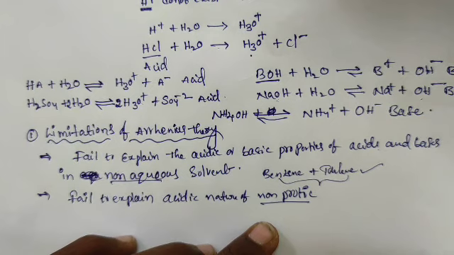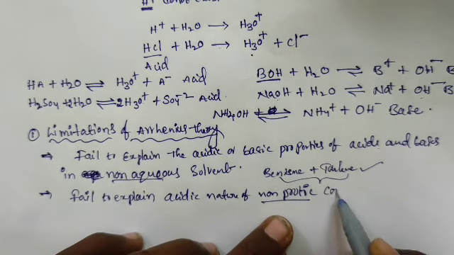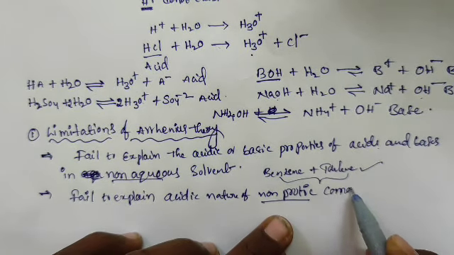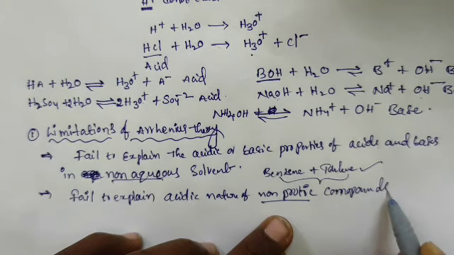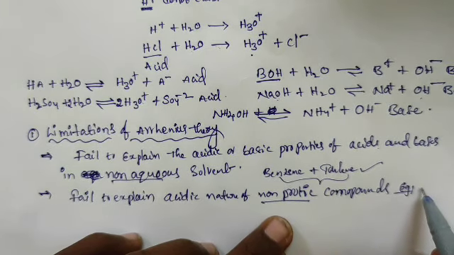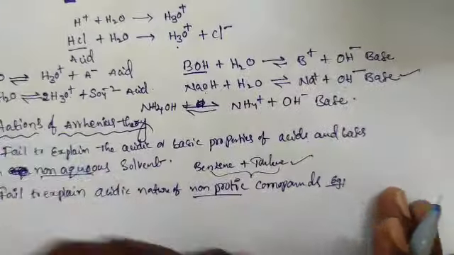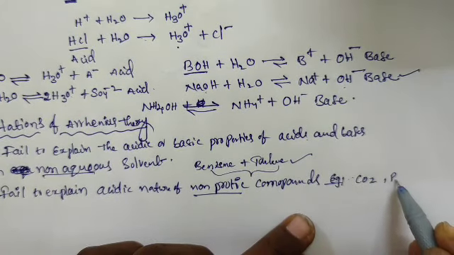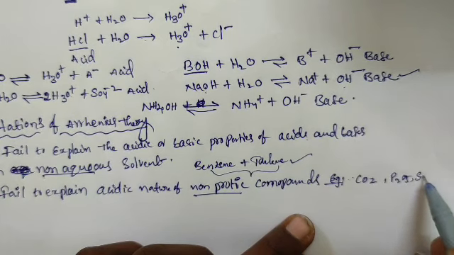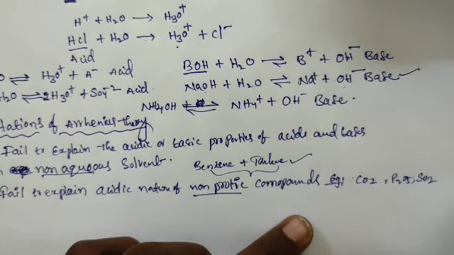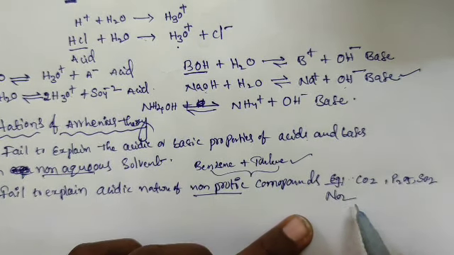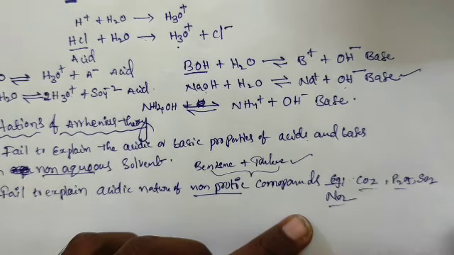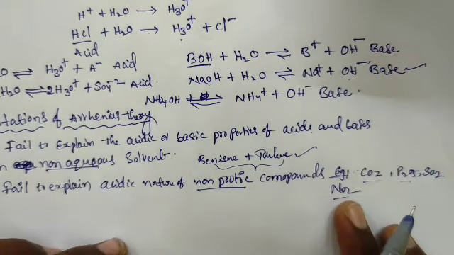Example of non-protic compounds: CO2, P2O5, SO2, SO3, NO2. These are all acidic oxides, but their acidic nature he didn't explain.